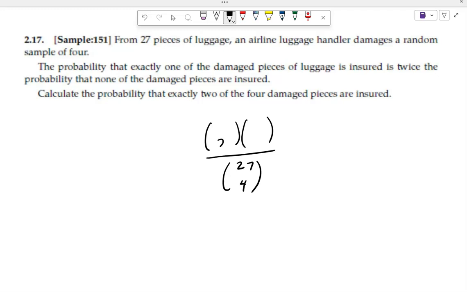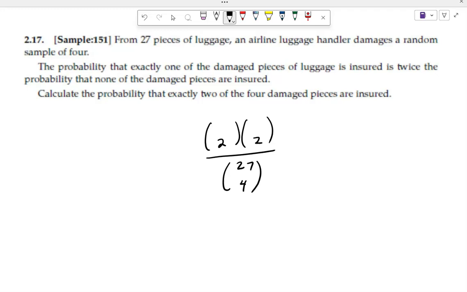We're going to pick 2 insured and 2 not insured, just like we did the other ones. What's the issue? I don't know to start with how many things are insured, right? So we've got to figure out what these 2 numbers are up here. I have to know how many insured there are and how many uninsured there are to be able to fill in the rest of this.